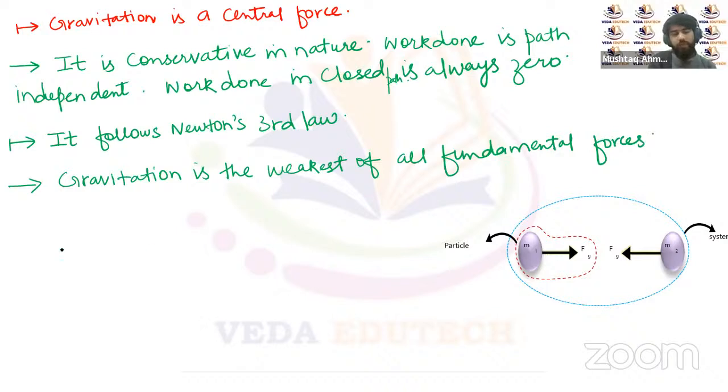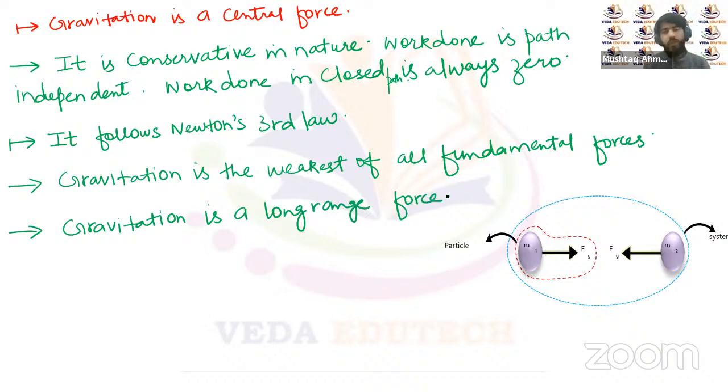Gravitational force is the weakest of all fundamental forces, and gravitation is a long range force, right? So its range is very long, a very huge range for the force of gravitation.